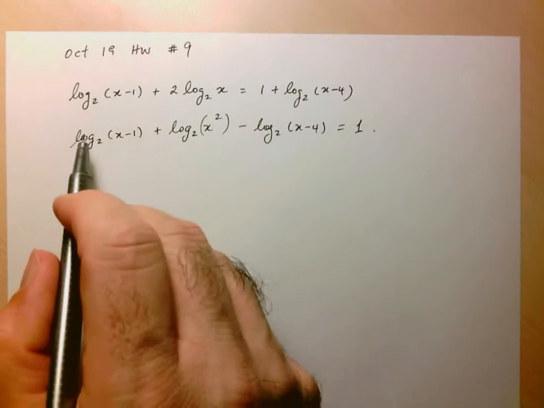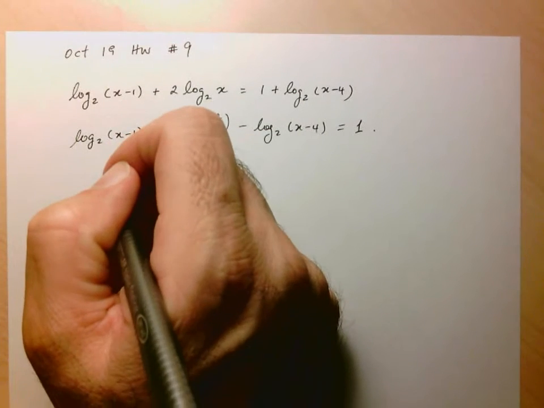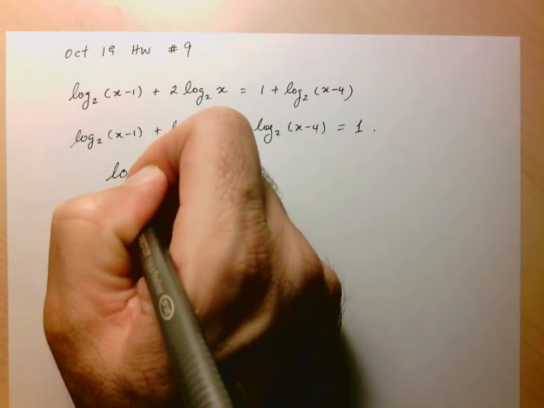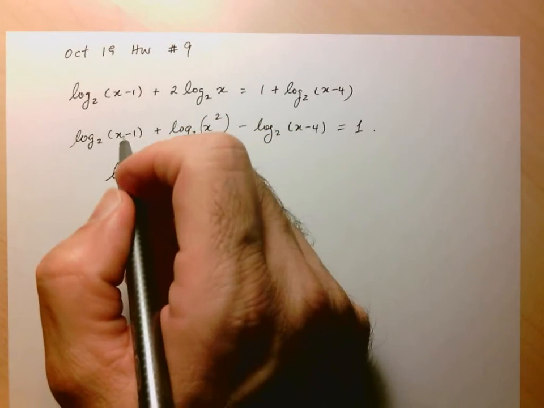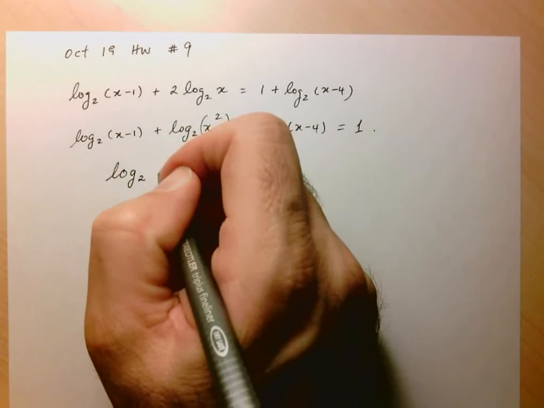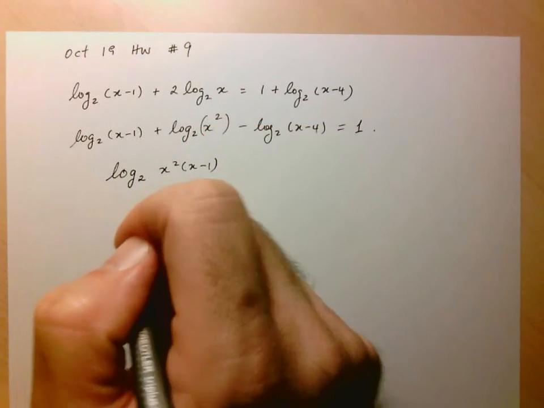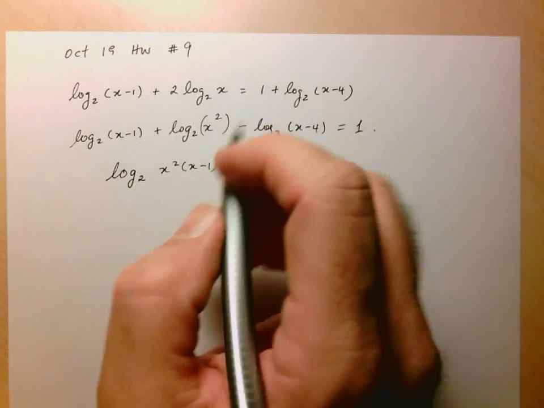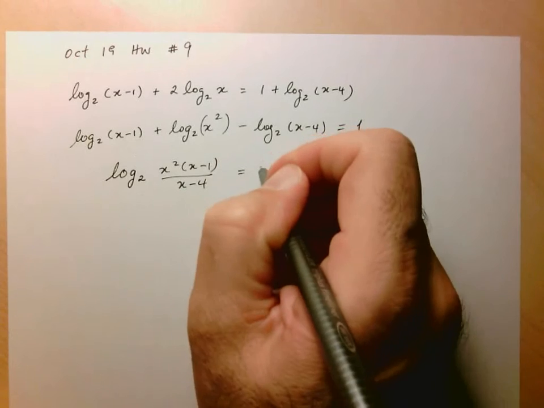What we need to do now is bring all of these under one logarithm, which I can do using the first and second logarithm laws. So this is going to be log base 2 of x minus 1 times x squared, and then divided by this x minus 4, and that's all equal to 1.